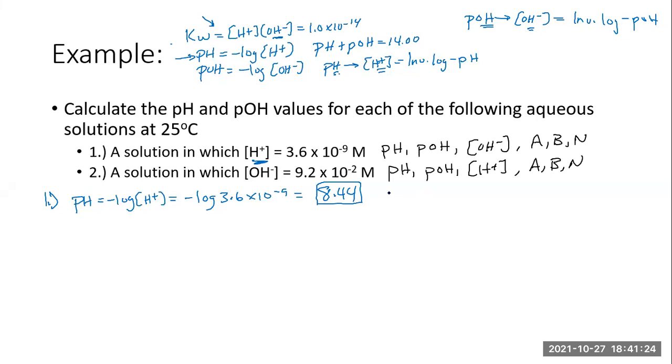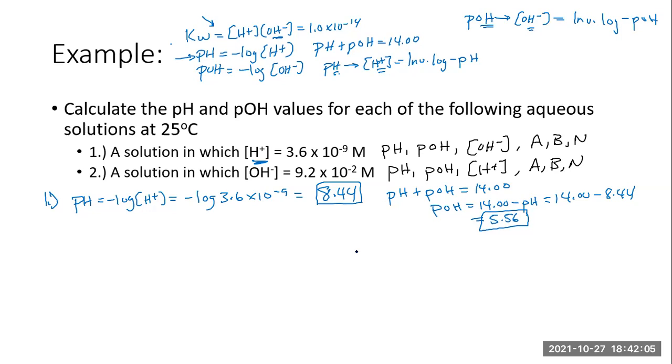I could get to the pOH by taking the pH plus the pOH is equal to 14, which means the pOH would equal 14 minus the pH, which would be 14 minus 8.44, which would get us 5.56 as our pOH. Any questions so far on that?